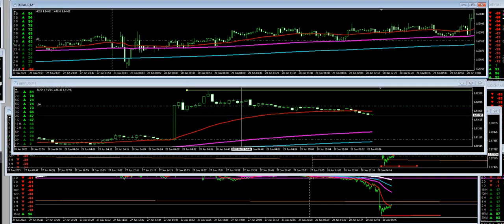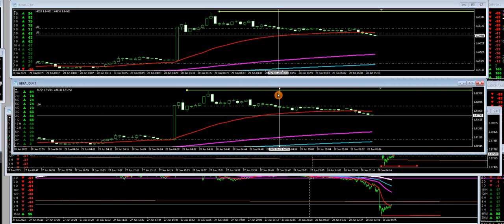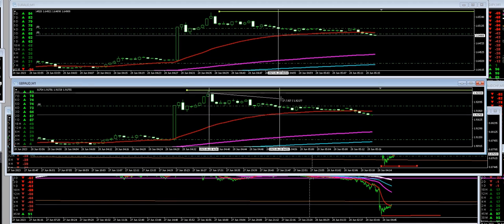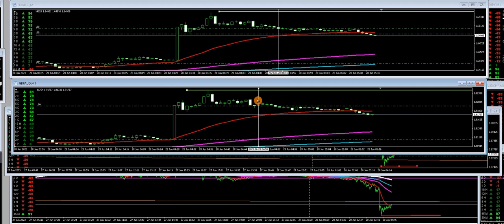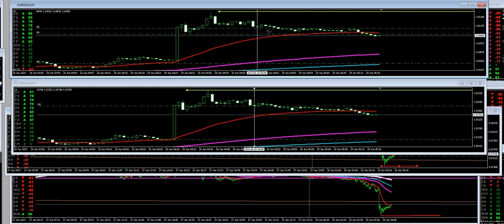When we zoom in, the pound, I mean, sorry. It's this candle here. So you just try to imagine where the guys are, you know. The buyers there are that much screwed, okay?